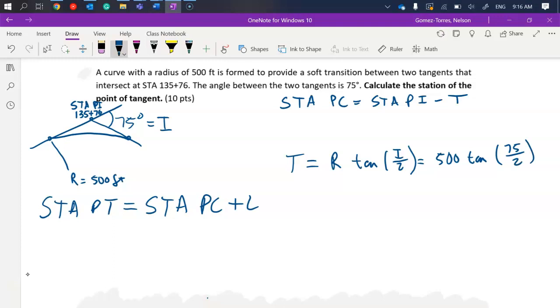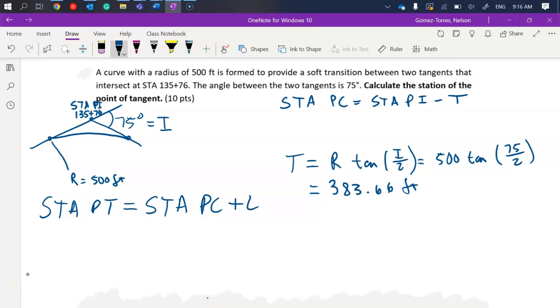Let's calculate what that is. 500 times tangent of 75 divided by 2. That will give us 383.66 feet. That would be the tangent. Great. So we know the tangent.